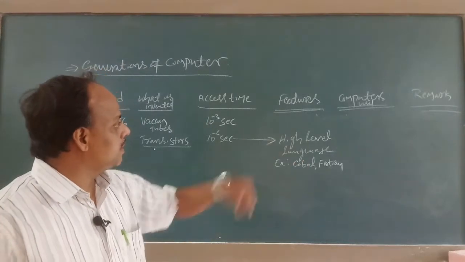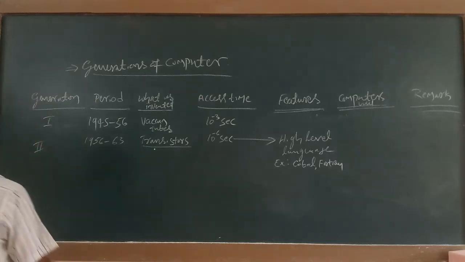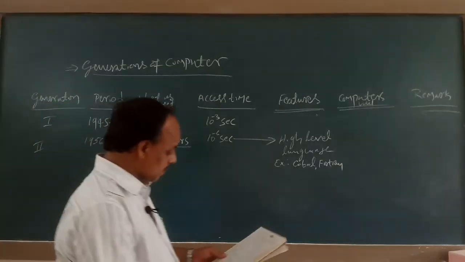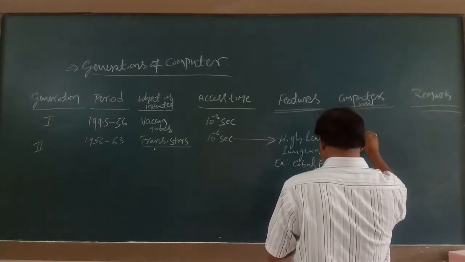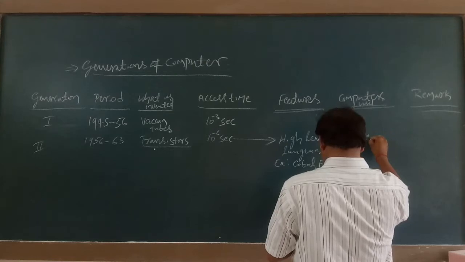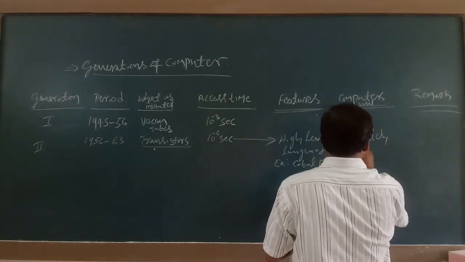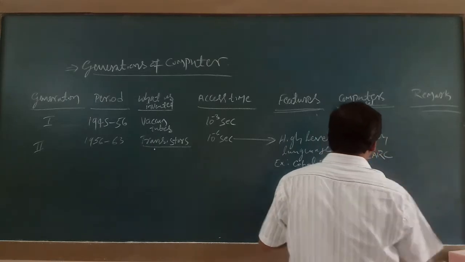And here there is no remote. And next we can say third generation of computer. And what are the types of computers used in the second generation means stretch, large.